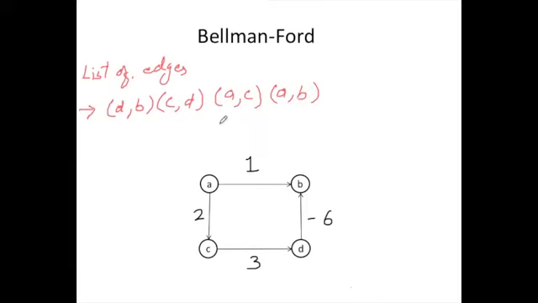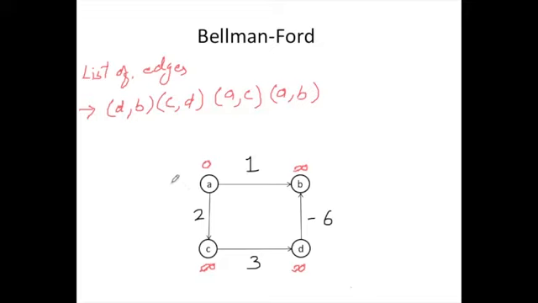So let us follow the procedure that Bellman-Ford says. First step is take the list of all edges and mark the distances for all the vertices. So this is 0 and make all these as infinity. Even if there is a direct edge path available, don't consider it, mark it as infinity only.